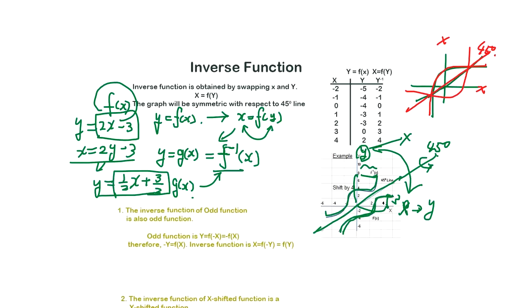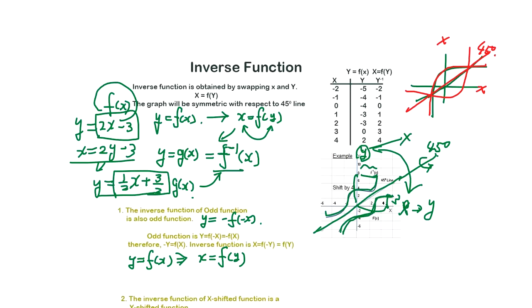Let's see, the inverse function of an odd function is also an odd function. So an odd function is y equals negative x, right? Okay, so what's happened is, the inverse function is y.